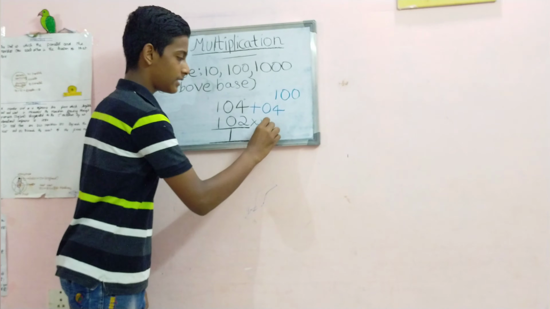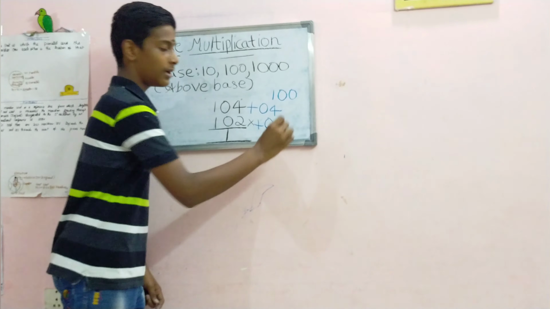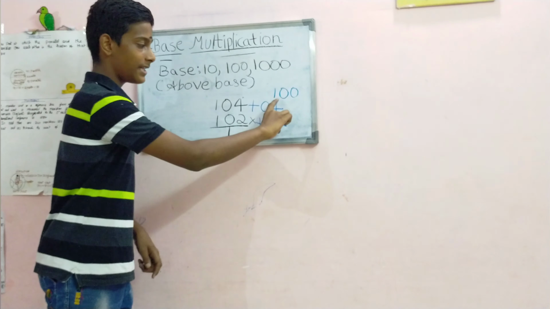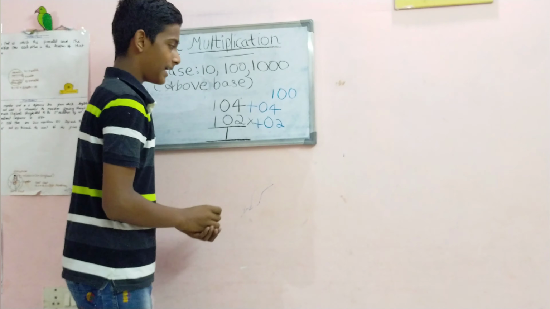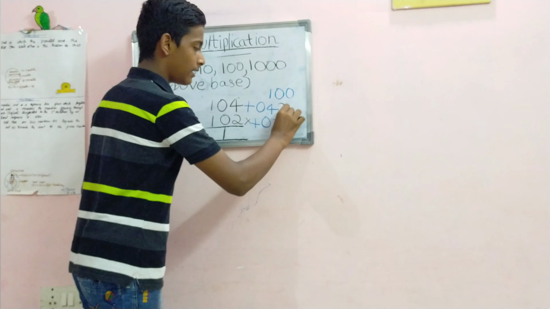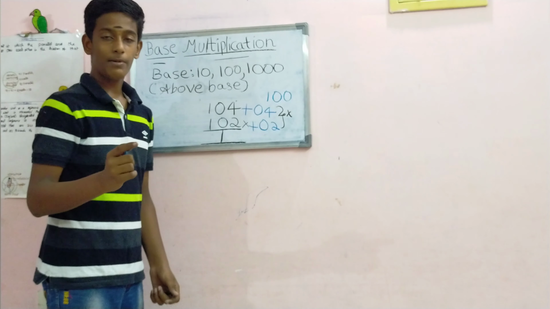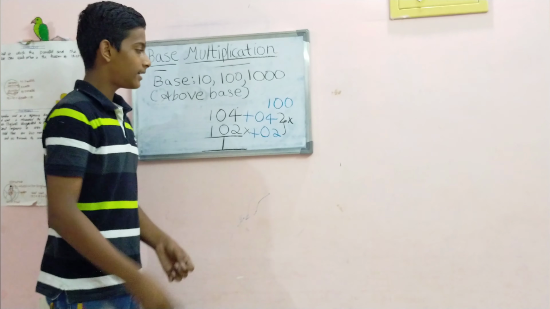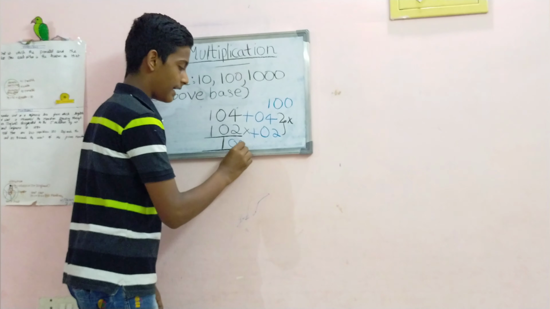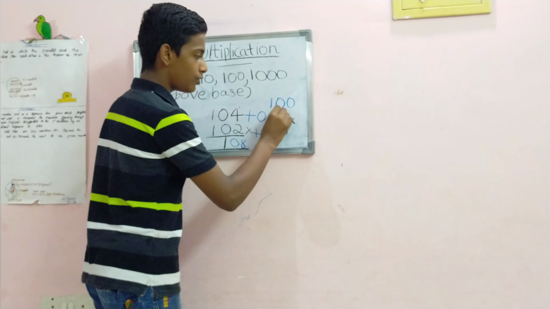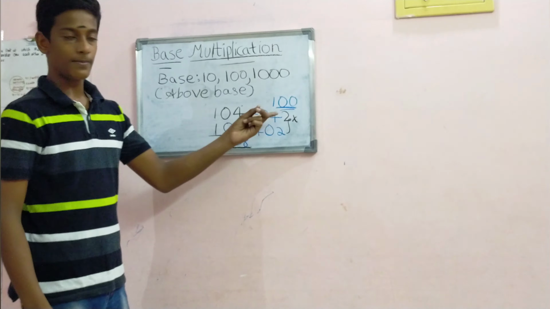Here it's plus 0, 2, and the answer obtained after multiplying 4 and 2 is 8. And remember, it's not just 8, it is 0, 8, as there are two zeros in 100.